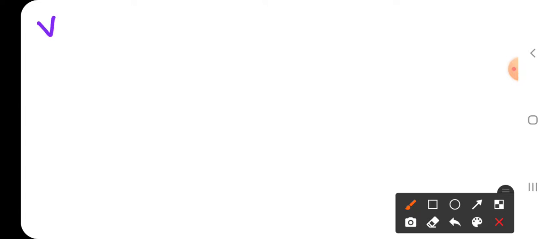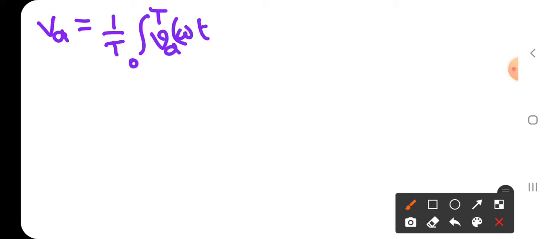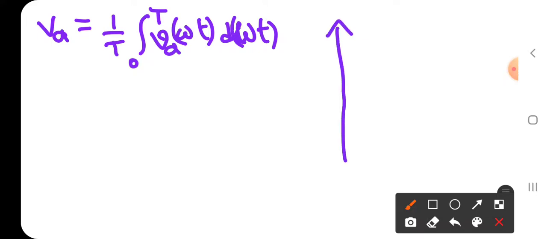What is Va? I will consider Va as the average voltage. Average voltage in the sense 1 by T integral 0 to T, Va of omega T d of omega T. Now we know the waveform, this is omega T, this is Va or V naught.